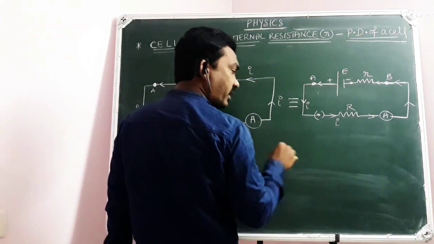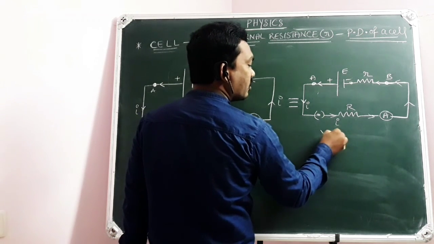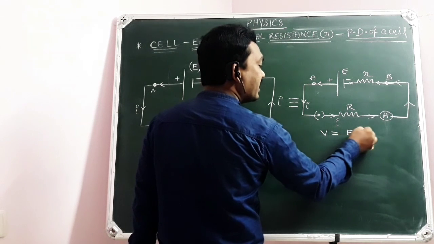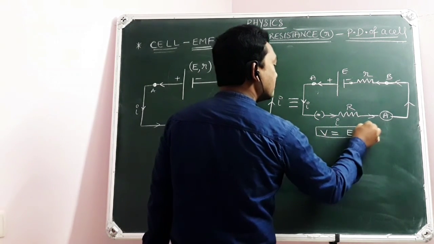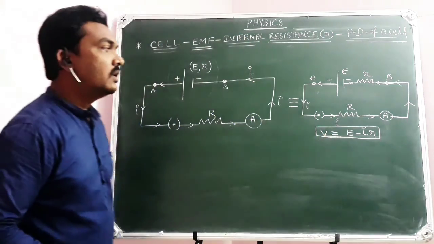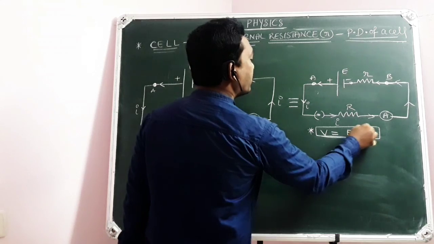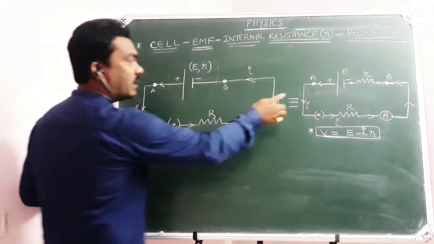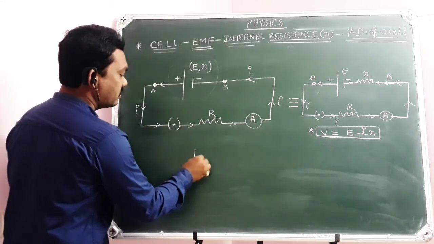That is the reason you can write the potential difference across the terminals of the cell will be equal to E minus Ir. This point I can explain to you in a better way as per the earlier concept you have learned. Let me tell you. See, I am taking only this portion of the electric circuit. Once look at this.